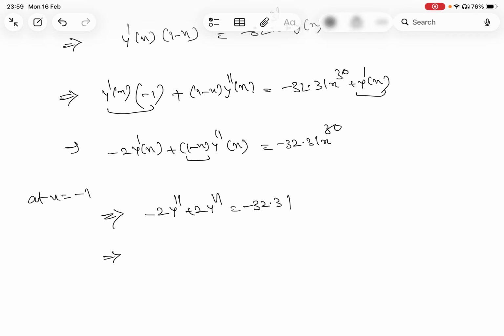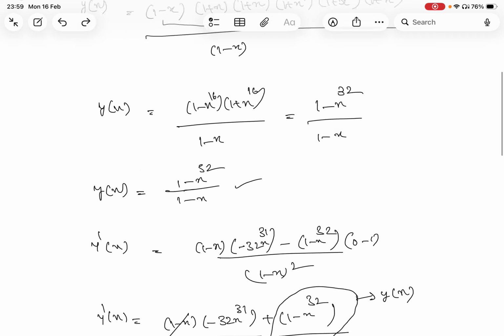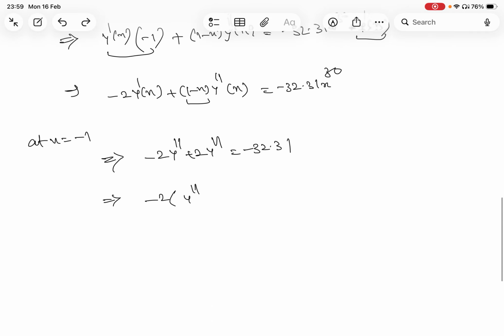Then you can just take minus 2 common here: minus 2 into (y dash minus y double dash).